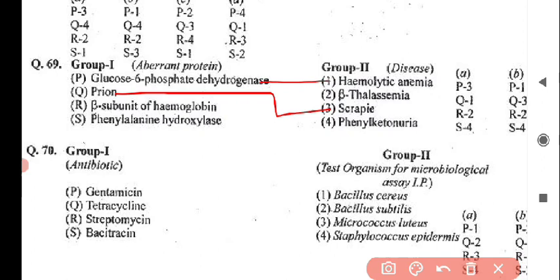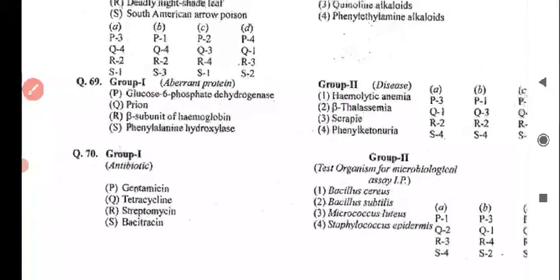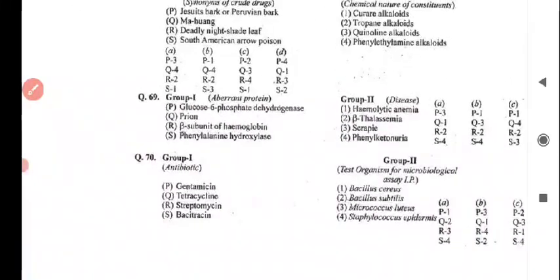For beta subunit of hemoglobin, the correct answer is option number 2, that is thalassemia. And for phenylalanine hydroxylase, the correct answer is option number 4, that is phenylketonuria. So for this question, the correct answer is option number B.